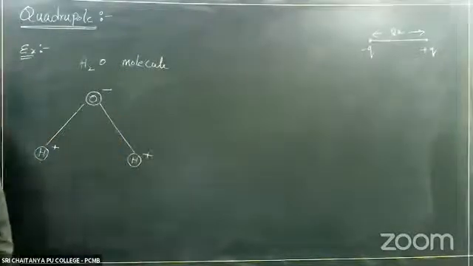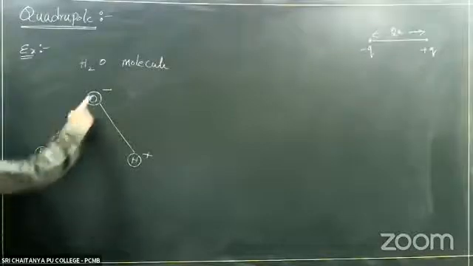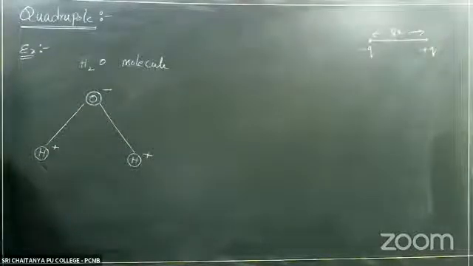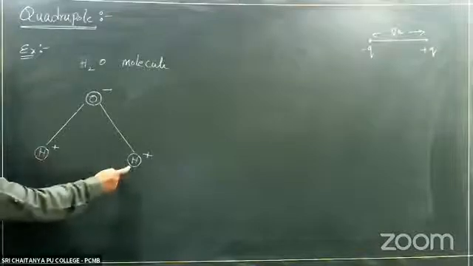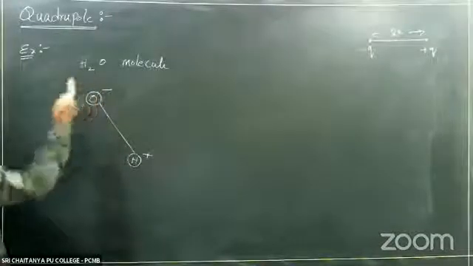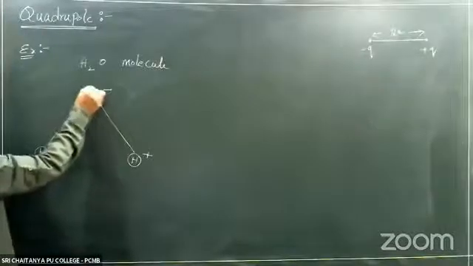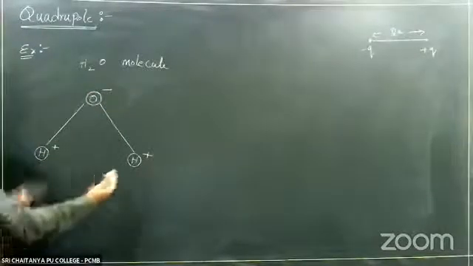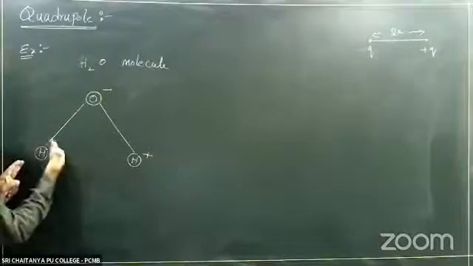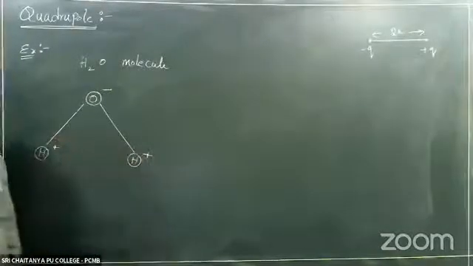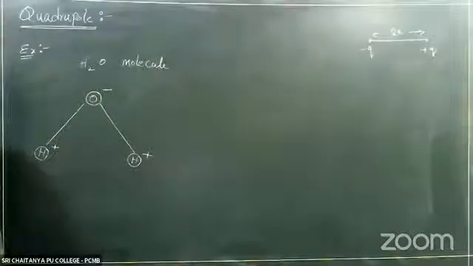I am not going into detailed chemistry, but you know that there is a covalent bond between the atoms, and H are positive, O is negative. Whatever negative charge is present here, the positive charge is distributed among this H and H. This is known to us, right?